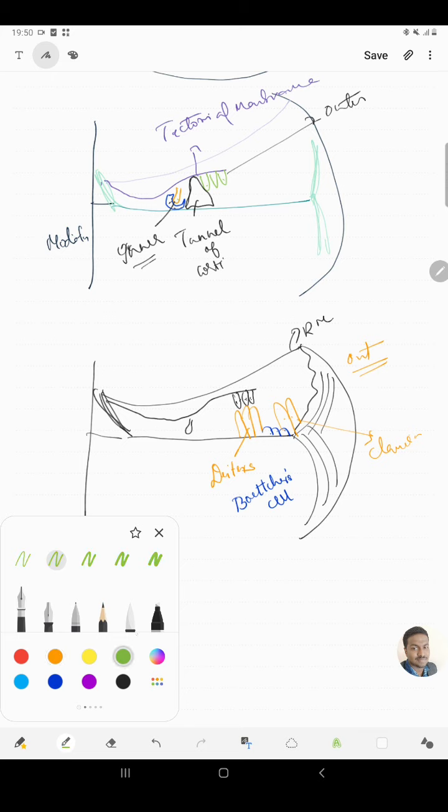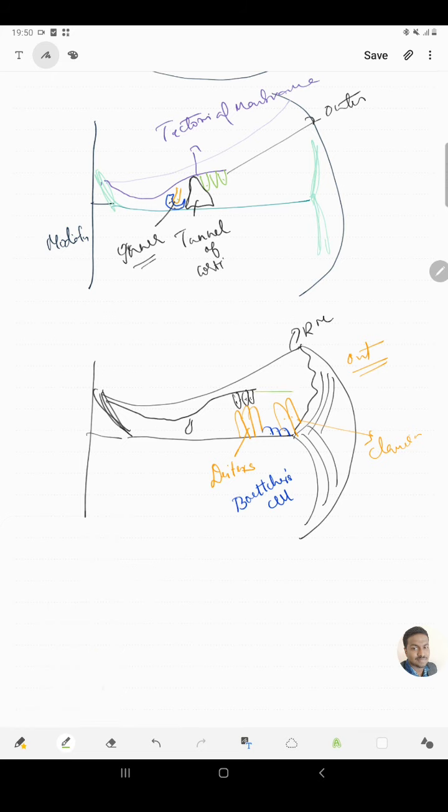At last, which is present above all, above the tectorial membrane, is the Hensen cells. These are the 4 cells we are dealing with: Deiters cells, Boettcher cells, Claudius cells, and Hensen cells. Hensen cell will be upper and somewhat outer also.